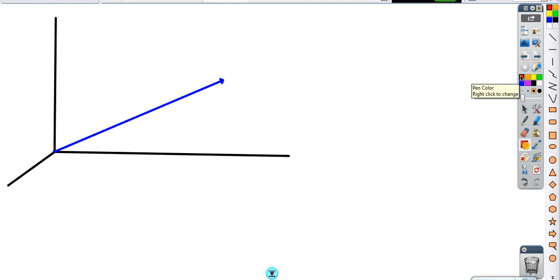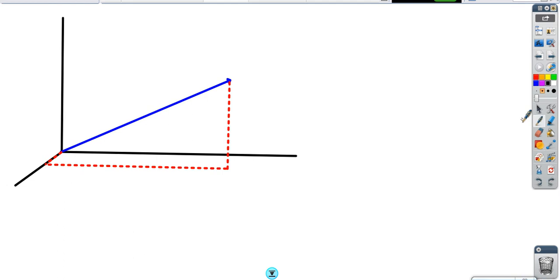Okay, so there's your vector, and what we're going to call this vector is r.